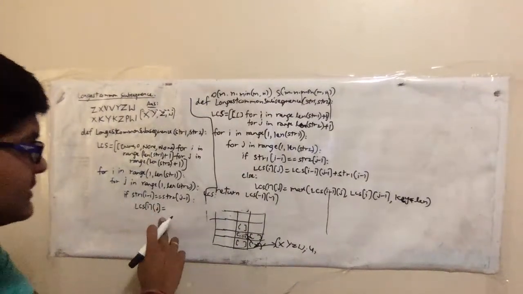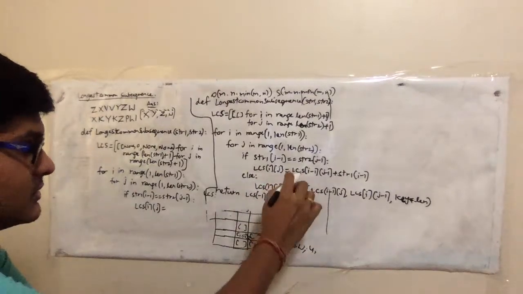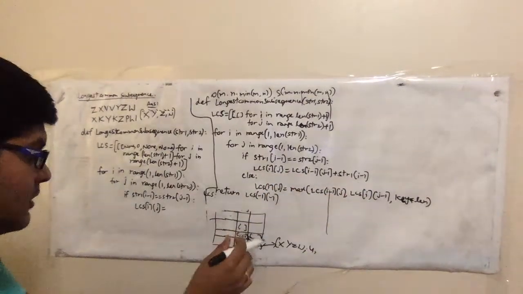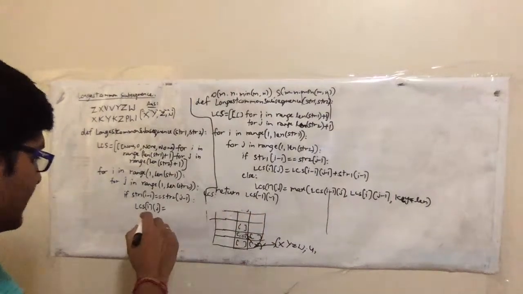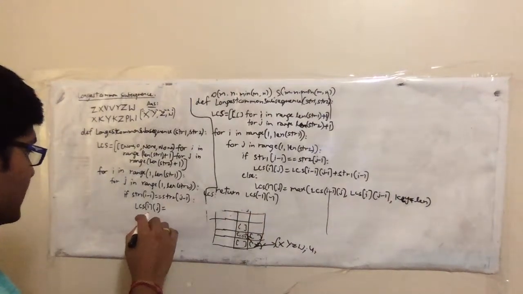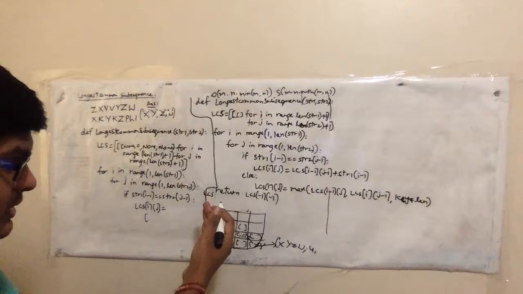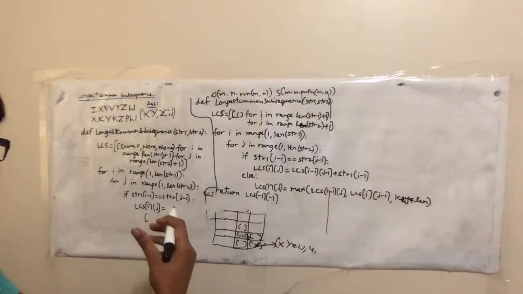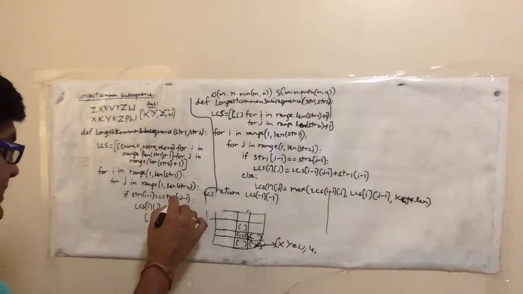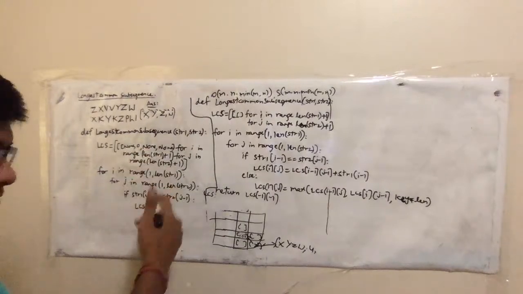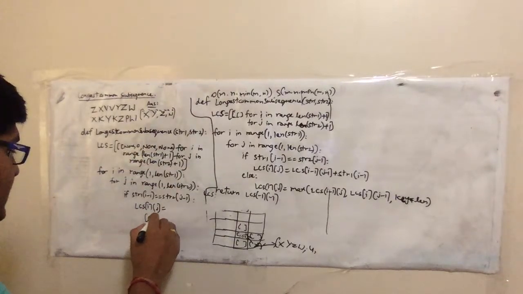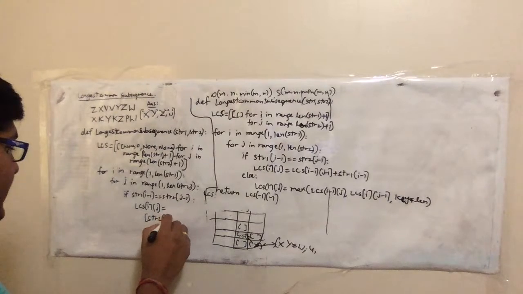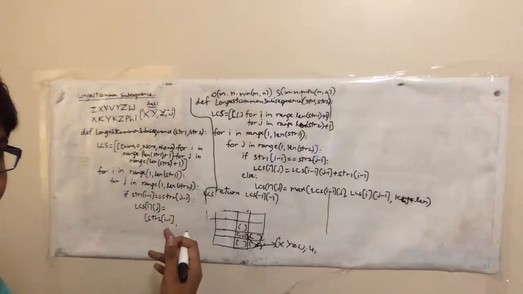So this LCS is not an LCS of I minus 1. So it is a list now. So we need to keep, if it is equal, just add that element as the first string to of I minus 1.